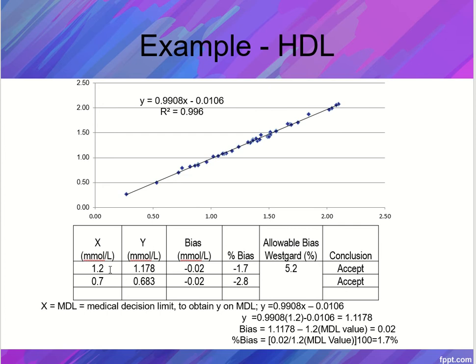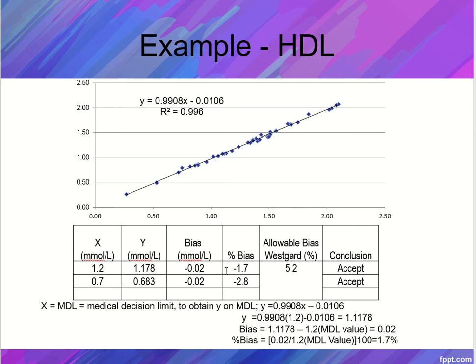Meaning that this x data you minus with the y data and you get the bias, and you turn this bias into percentage. How to calculate the percentage? This bias you divide with the x data and multiply with 100, and you get the bias in percentage.